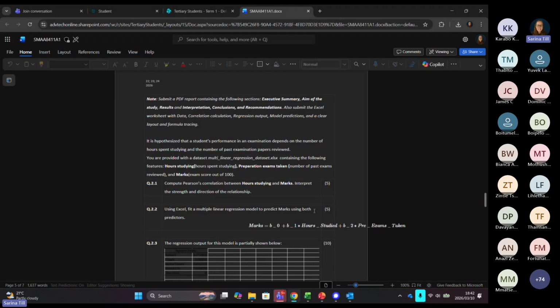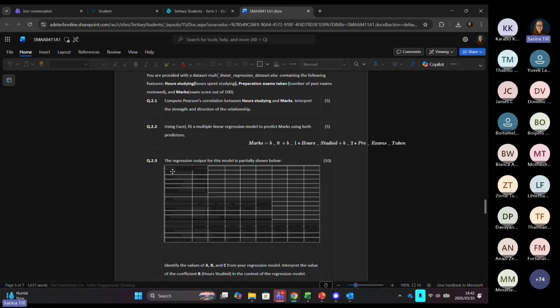You can absolutely work out your slope and intercept with the regression tool in the data analysis, and you're going to write out marks equals your slope times hours studied plus the slope times exams taken plus your intercept, like they've got it here. But you're going to give the actual values that you have calculated.